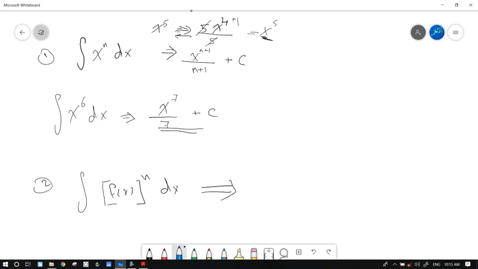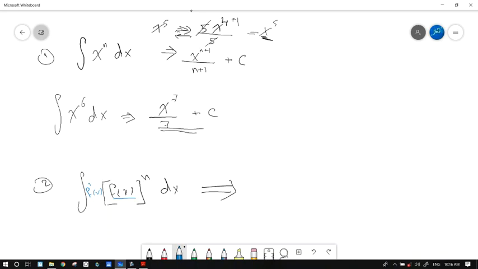So here must be f dash of x. Then we will follow the same rule.